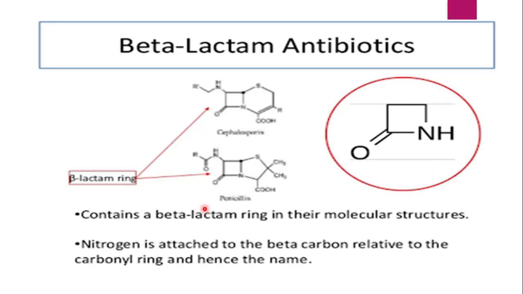This beta-lactam ring is responsible for the name beta-lactam antibiotics, and the nitrogen is attached to the beta carbon relative to the carbonyl group, and hence the name. So this is the beta-lactam ring.